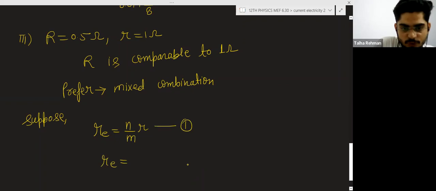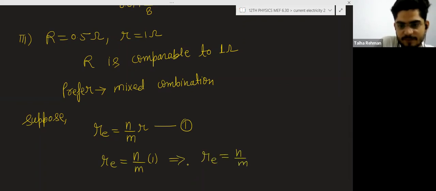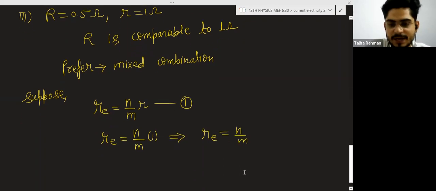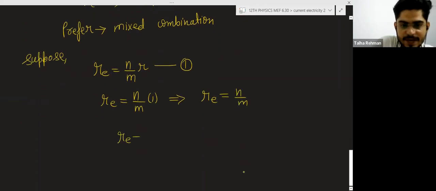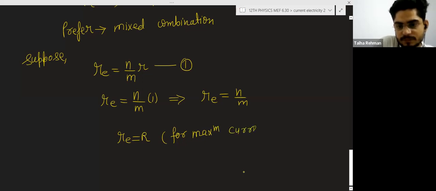And now we do not know N, we do not know M, we know R. So we will have R equivalent is equal to N by M. And this equivalent internal resistance is equal to the external resistance for maximum current. We have discussed that. So R equivalent equals R. So what is R? R is 0.01 is equal to N by M. So this is equation 2 you have.